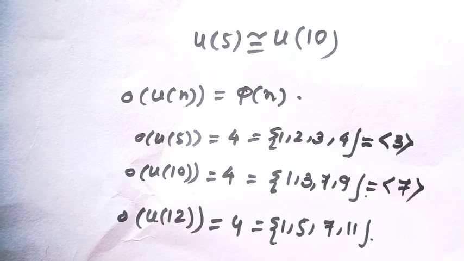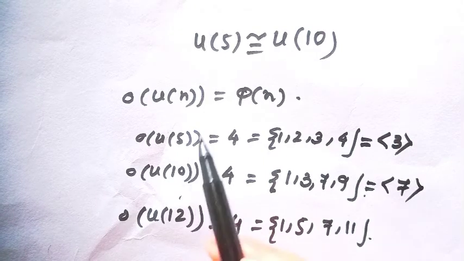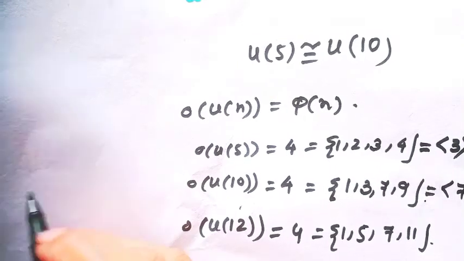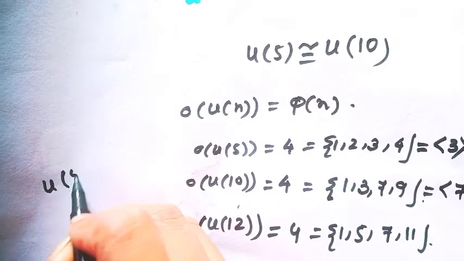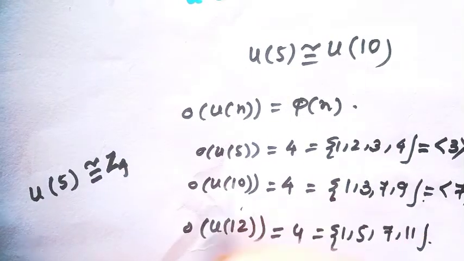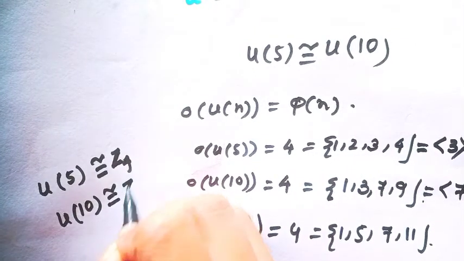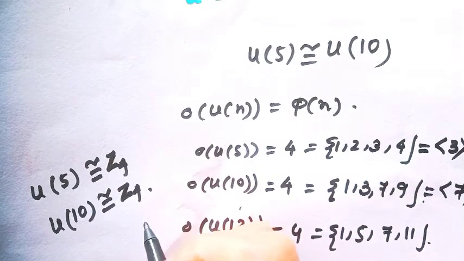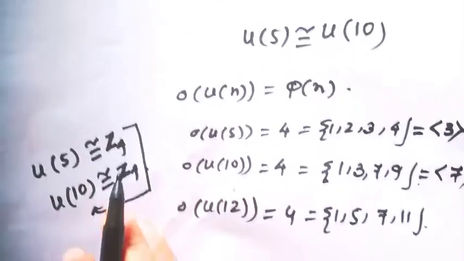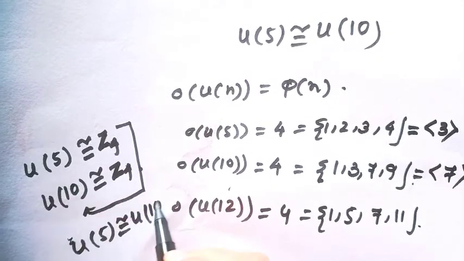I have seen that in my previous video. Okay? So since these are cyclic groups, according to the previous theorem, we can tell U5 is isomorphic to Z4 because the order is 4. Similarly, U10 is also isomorphic to Z4, and by the transitive property of isomorphism we can tell U5 is isomorphic to U10.